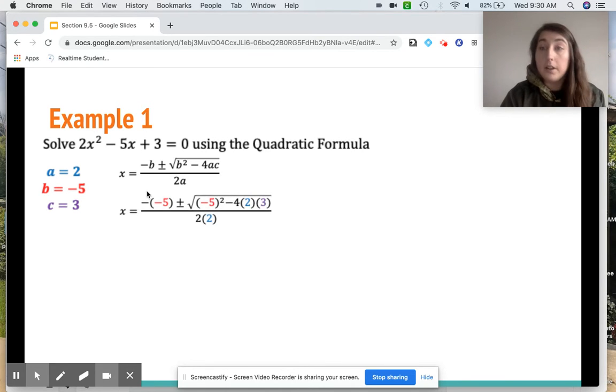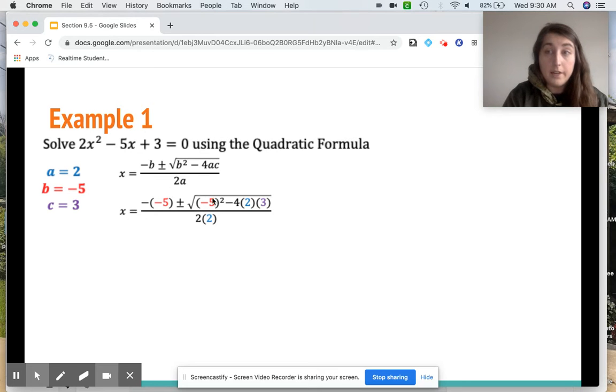So you're going to plug everything in. Negative b, you're going to plug in that negative 5. b squared, plug in that negative 5. Again, I'm putting parentheses around it because when you put it into your calculator, you also need to put parentheses around it, because negative 5 squared is going to be a positive 25. If you don't put the parentheses around it, your calculator will tell you it's negative 25.